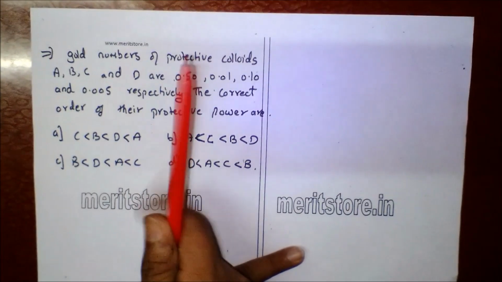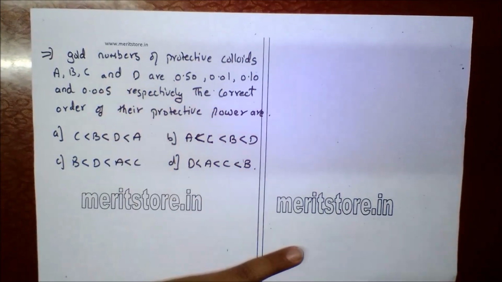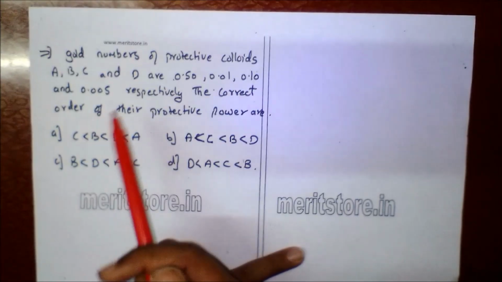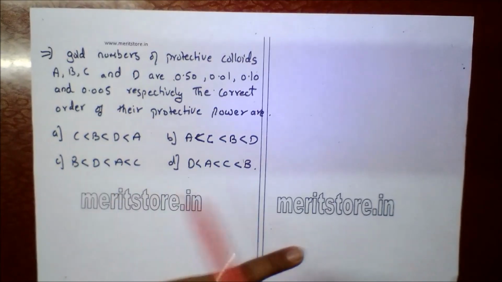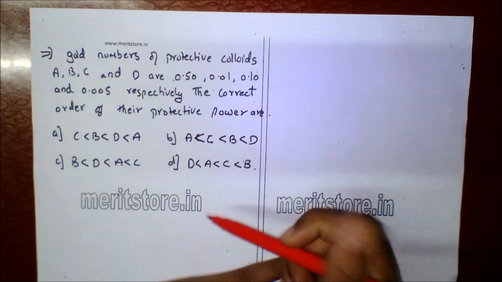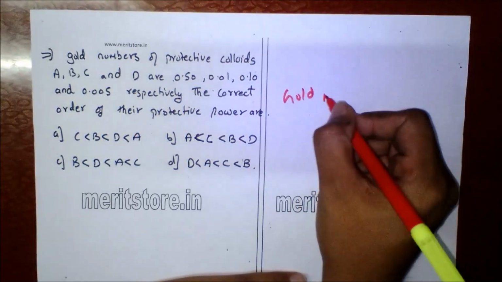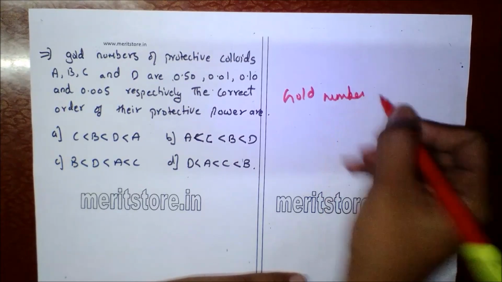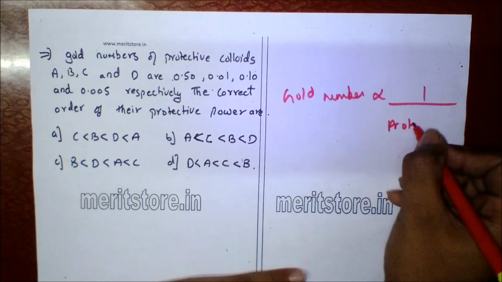Now, gold numbers of protective colloids A, B, C, and D are 0.50, 0.01, 0.10, and 0.005 respectively. The correct order of their protective power are, here are the options. Now, by definition, gold number is inversely proportional to the protective power.